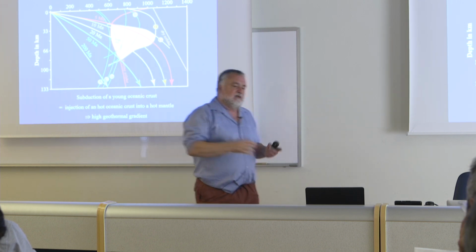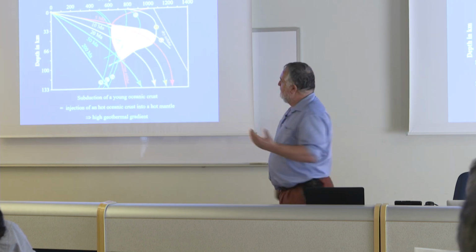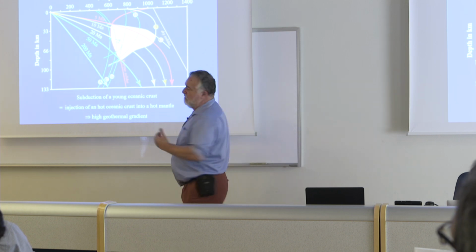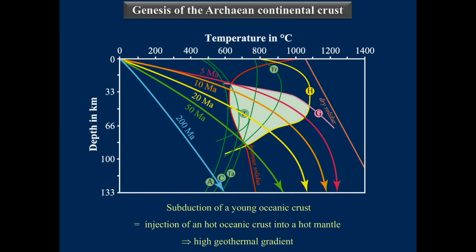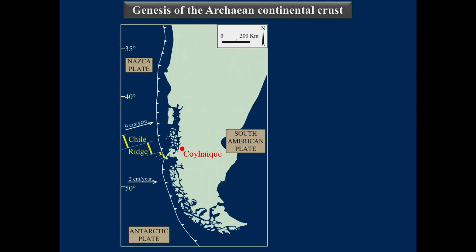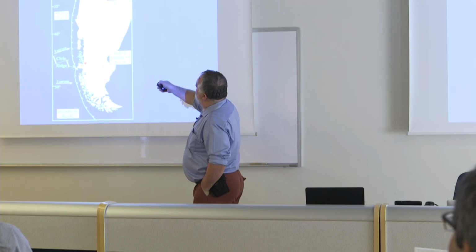So theoretically, if we can find somewhere in the world subduction of a young oceanic crust, we should predict the genesis of TTG-like magma. Of course, this situation exists, and it exists in Chile, near Coyhaique. In fact, it exists here in the Taitao Peninsula, here in Patagonia. Here we have the South American plate, here the Antarctic plate, and here the Nazca plate.